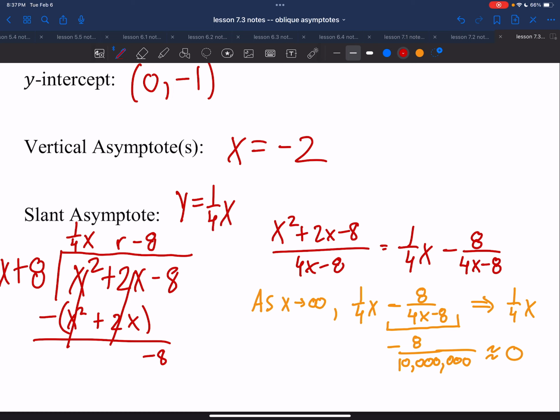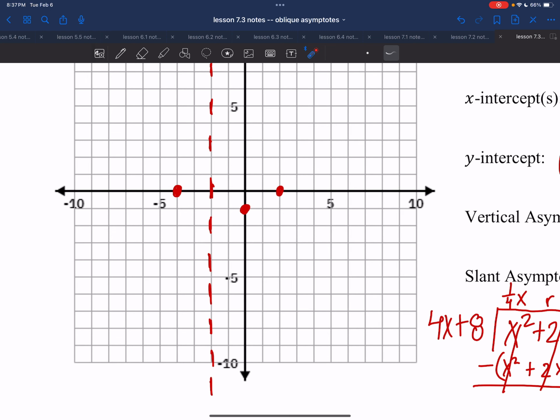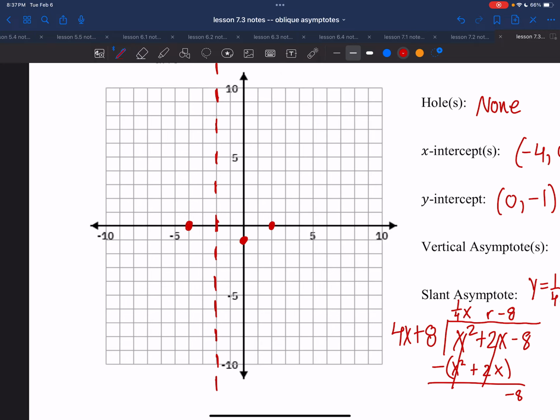That's it. That remainder part, when you put the 8 over that thing that grows so big at infinity, it's so tiny, it's 0, basically. So the behavior is mostly following 1/4 x, very closely following 1/4 x, okay? And so that's going to be our slant asymptote.